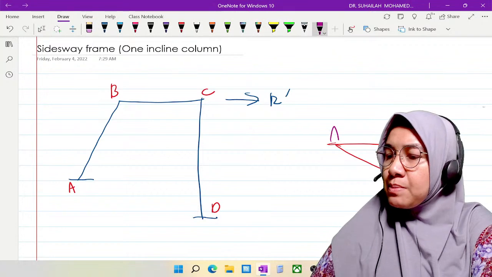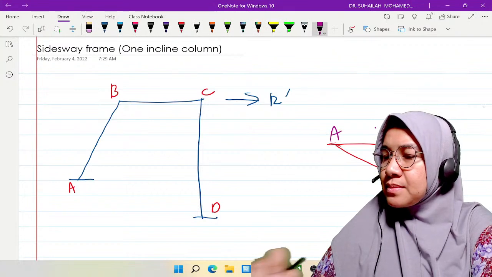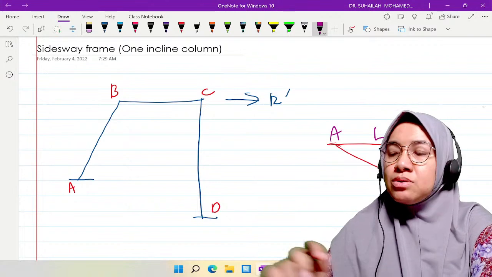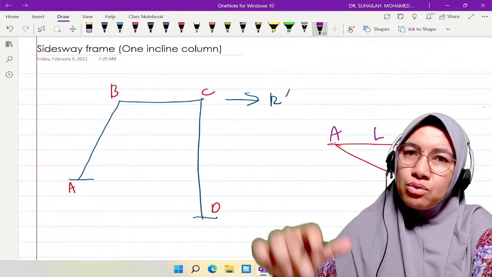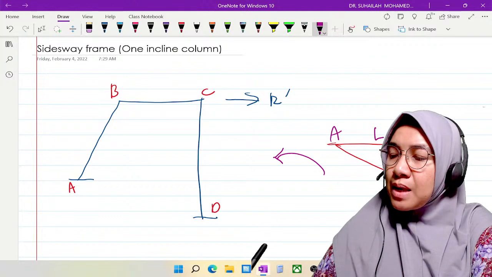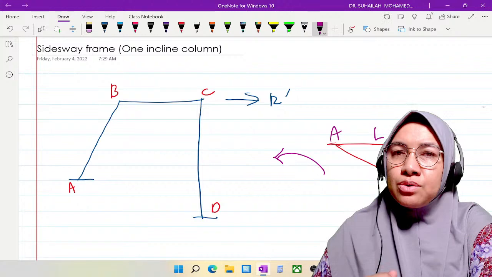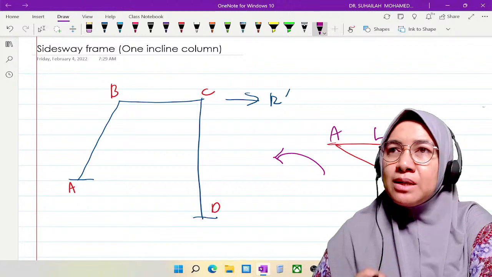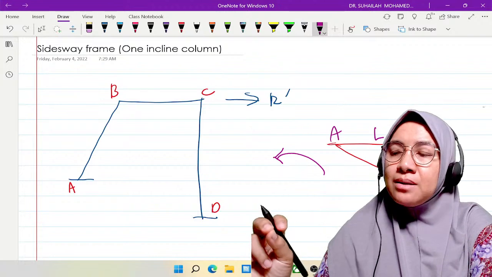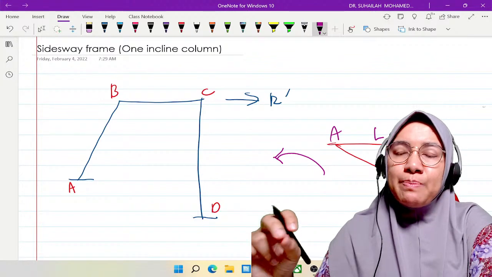This is member AB, and this is its length. It must be perpendicular. So we apply this concept to the frame. For member AB, we must find the delta which is perpendicular.